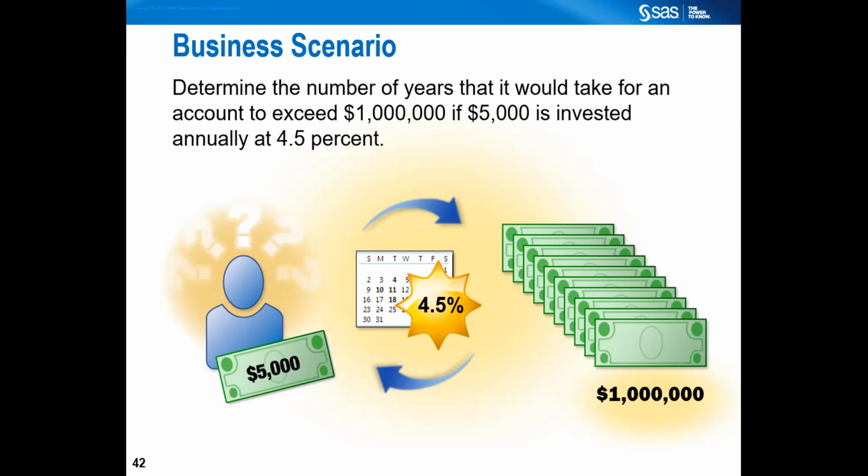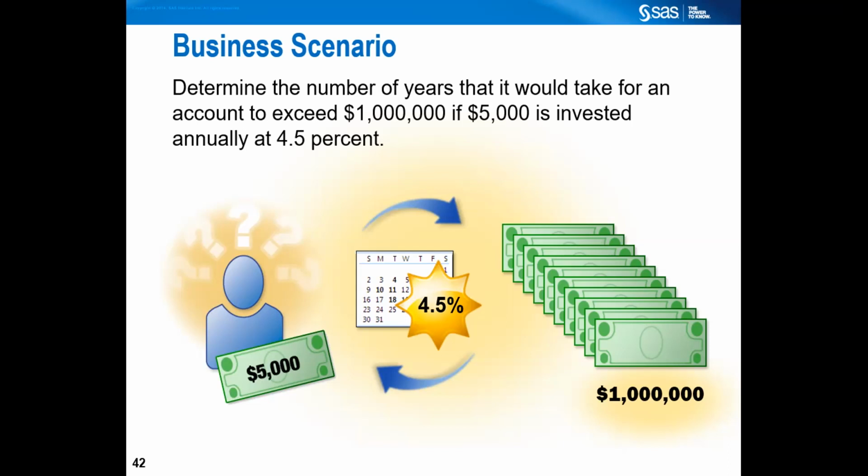So how many years will it take if you are depositing 5000 on a yearly basis with a rate of interest of 4.5 to reach the amount of 1 lakh? You do not know, but you want to find out.